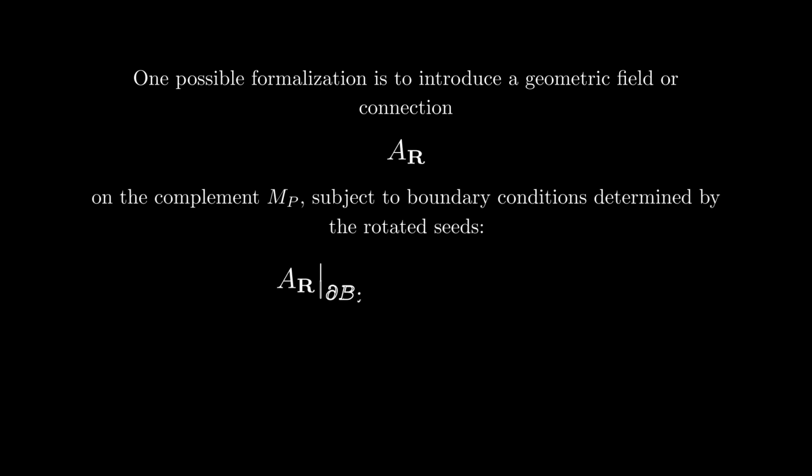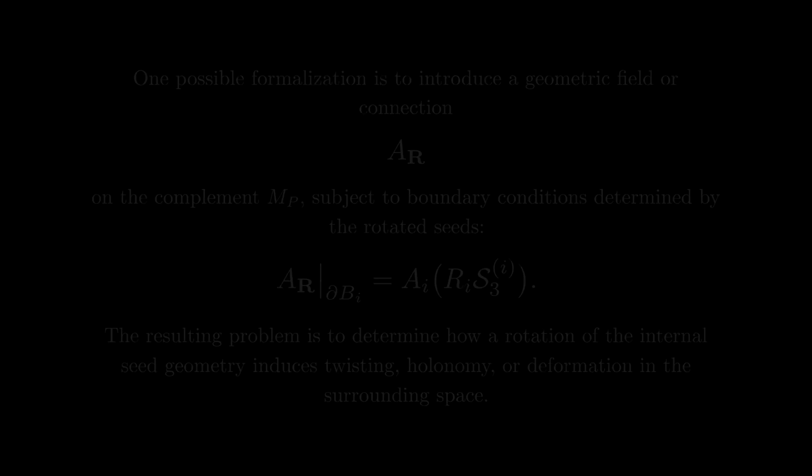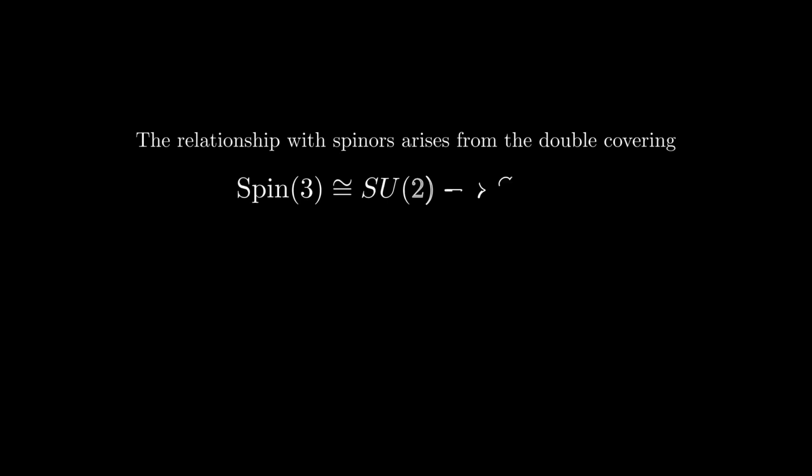So one way to formalize this is to introduce a geometric field or connection, AR, on the complement, MP, subject to the boundary conditions determined by the rotated seeds. So we want to basically understand how these actions of these seeds twist their surrounding ambient geometry, and how this interacts with the spin-3 group and holonomy.